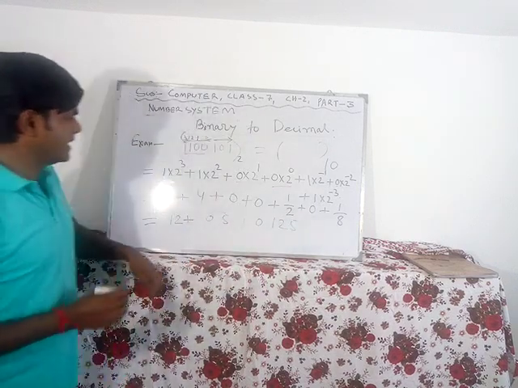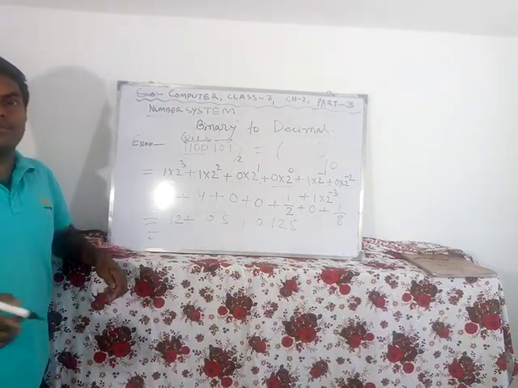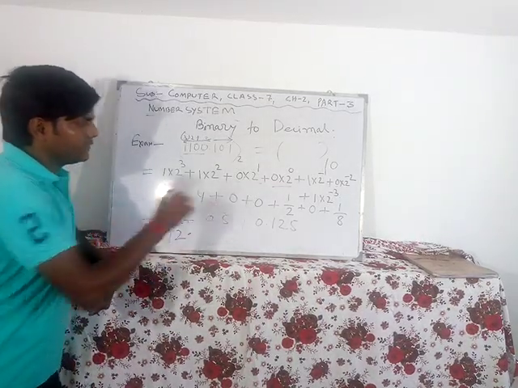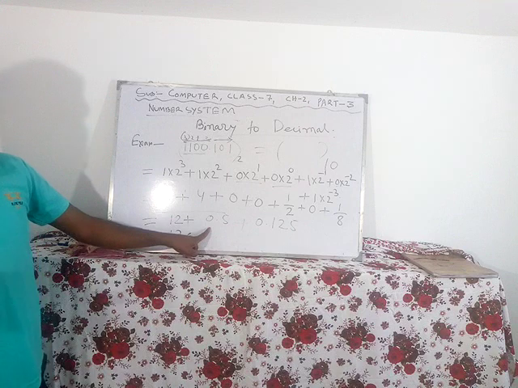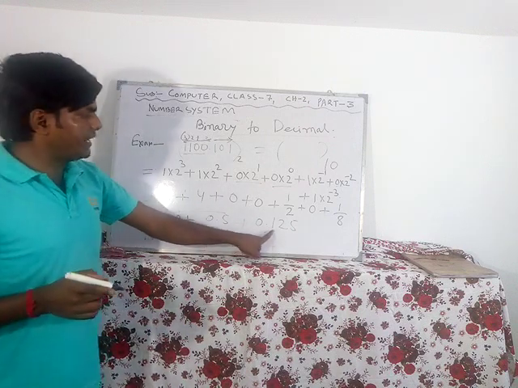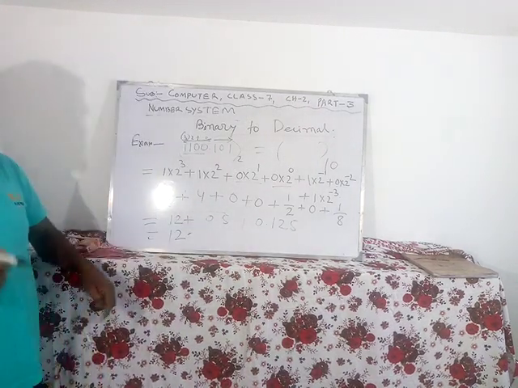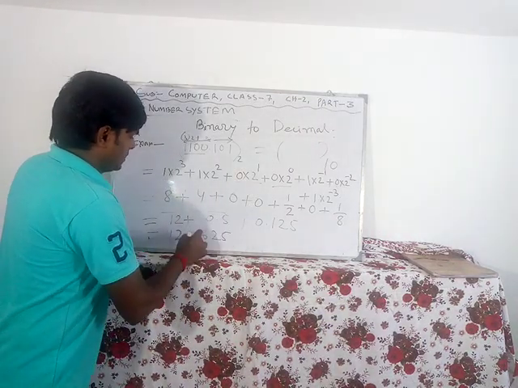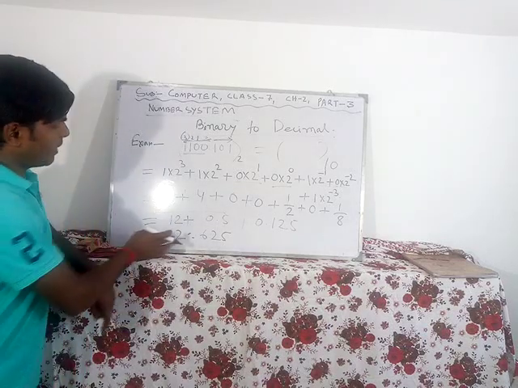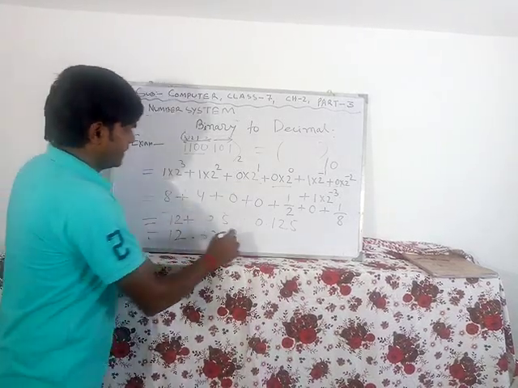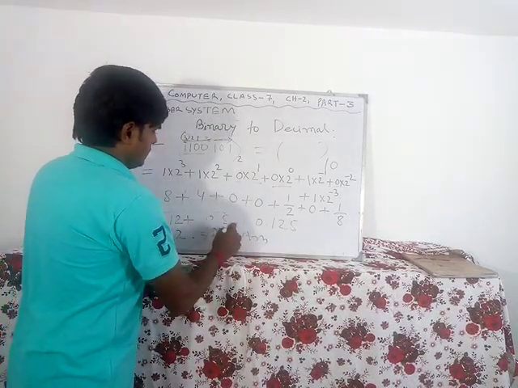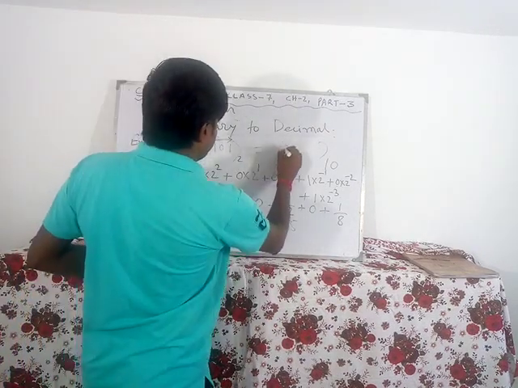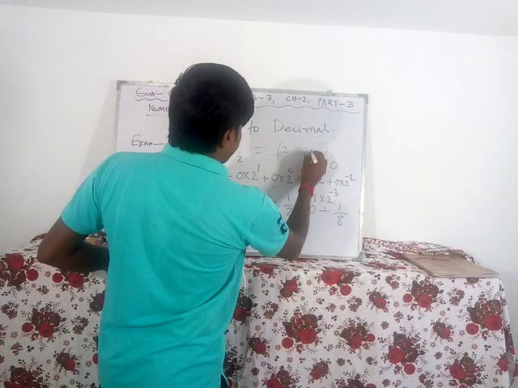Then you total it: 12 point, then 0.5 plus 0.125 gives 0.625. So 12.625. This is the answer.